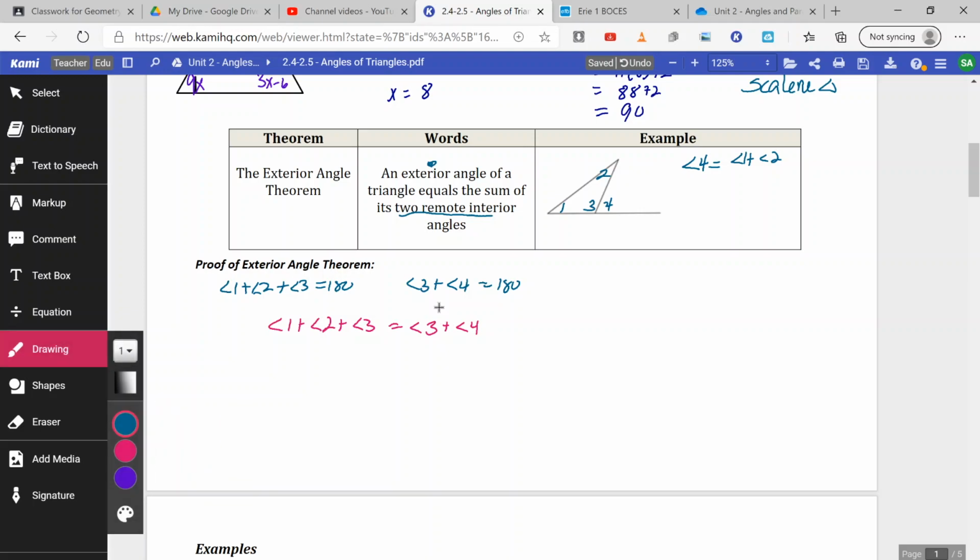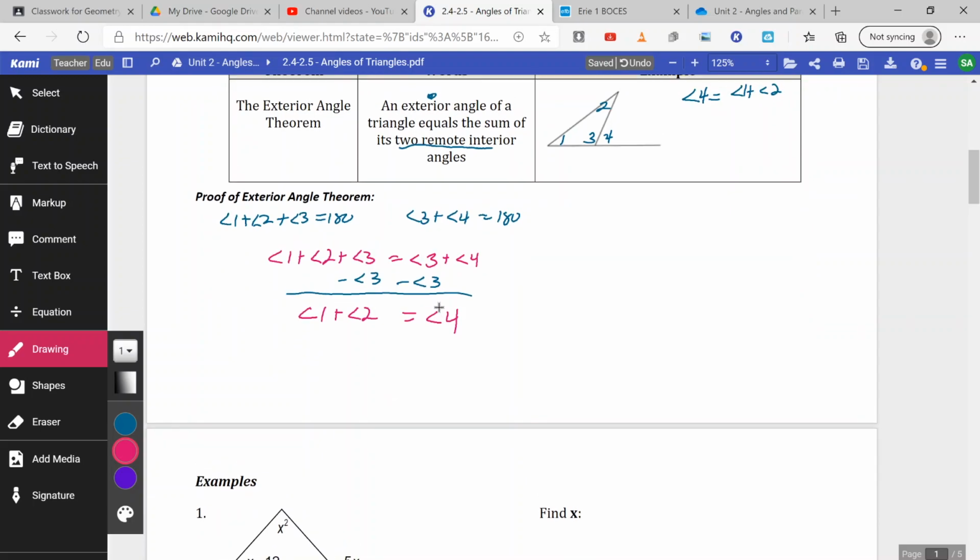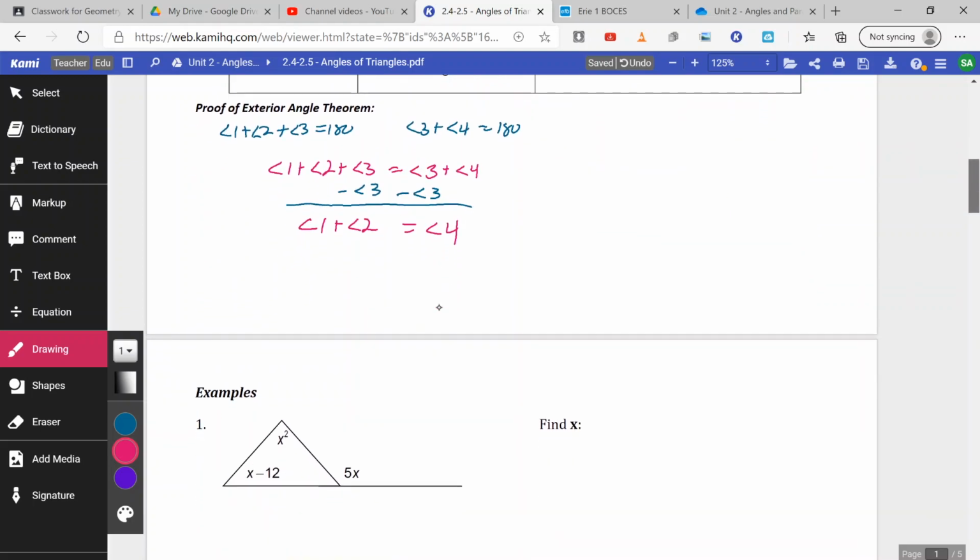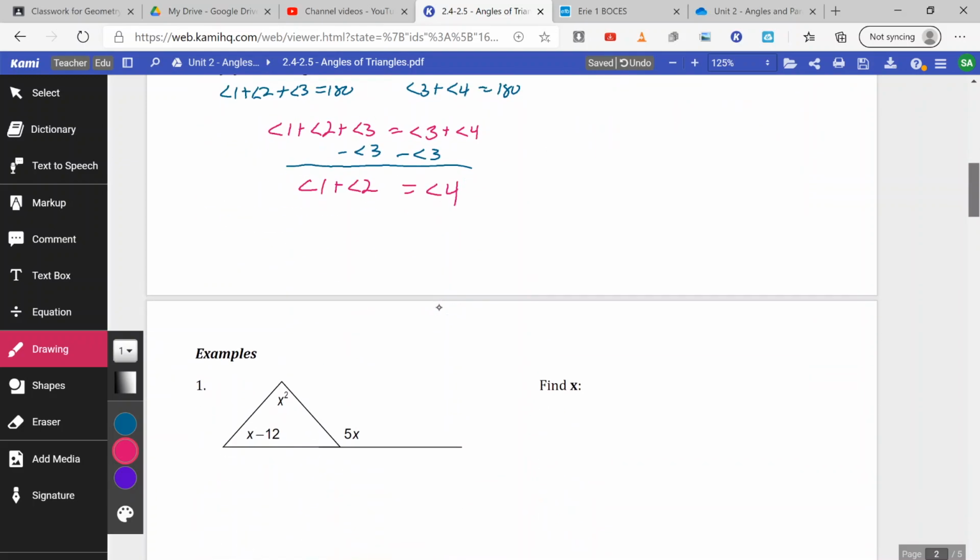So I can actually subtract angle 3 because it's kind of redundant. We don't need it. And what's left is angle 1 plus angle 2 equals angle 4. So this is the remote exterior angle theorem. When I have the two far angles inside a triangle equal to the outside angle of the extended piece.